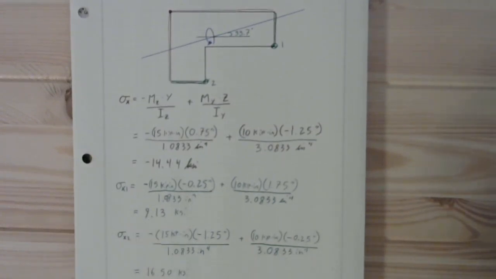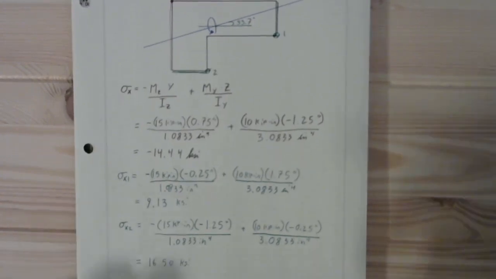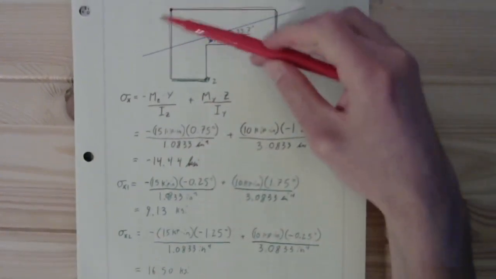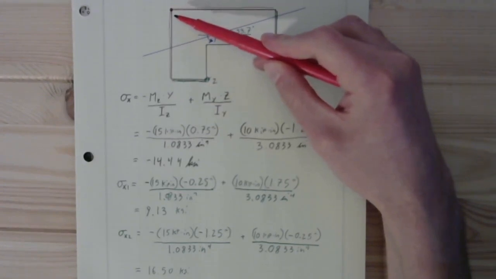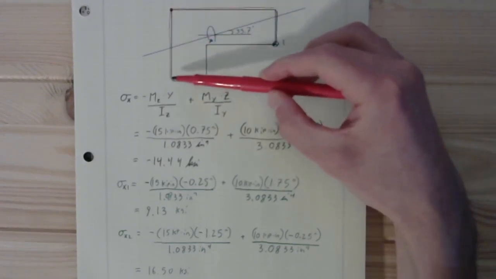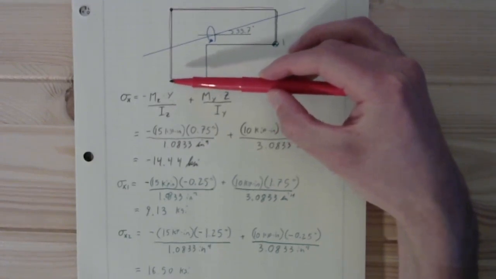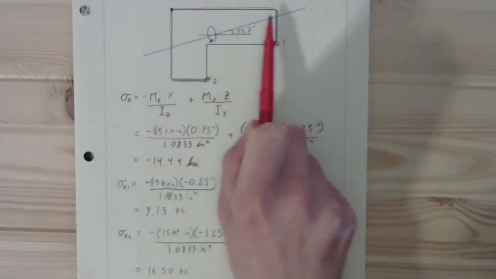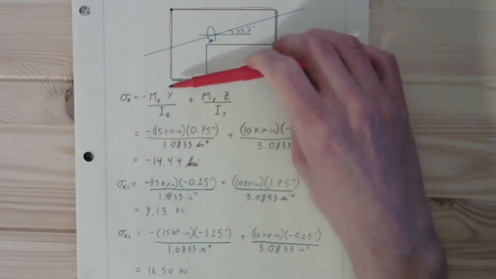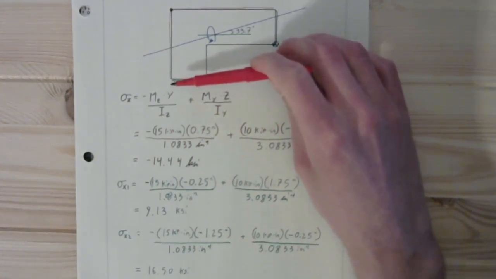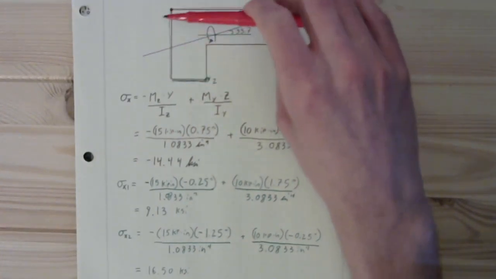So it was readily apparent immediately that our maximum compressive stress would occur right here, because we're summing a thing that has a simple triangular distribution of stress maxing up here, and another one that is a simple triangular distribution of stress that maxes out here.